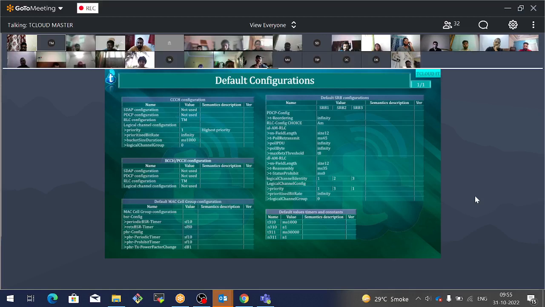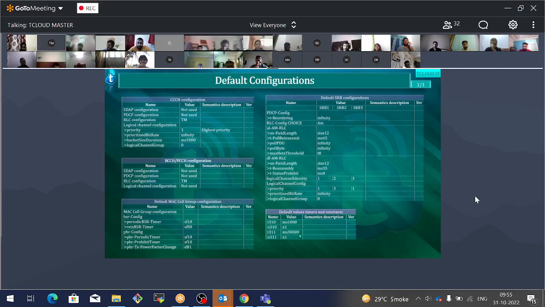The idea of this 1000 milliseconds timer is that you would like that procedure to be completed within 1000 milliseconds. If not completed, you will consider that procedure a permanent failure, because it did not happen within this particular timer. So T310 is one timer. Anything that starts with a T is a timer. 310 is a code for it.